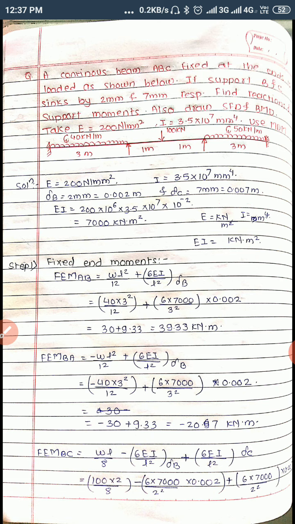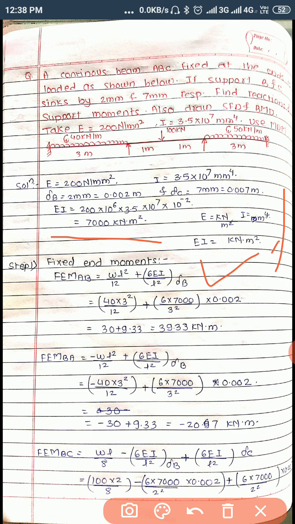Then we require the EI value, so we multiply E with I. We convert the units into kilonewton and meter, and we get the value of EI in kilonewton meter square.